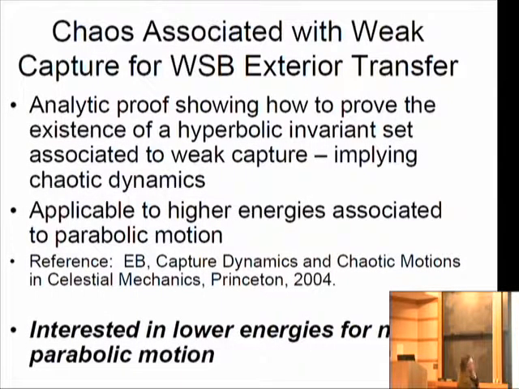I just want to mention that in an effort to understand the chaotic structure associated with ballistic capture, it can be done analytically by looking at energies which are parabolic, where the orbits actually will go to the Moon but extend out to near infinity.